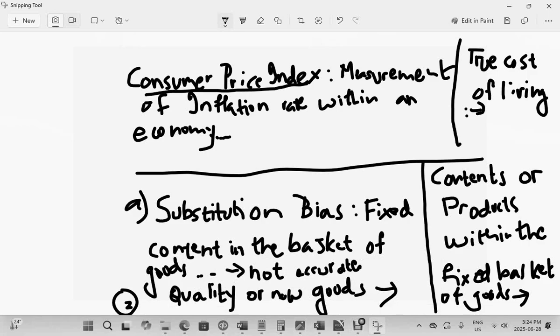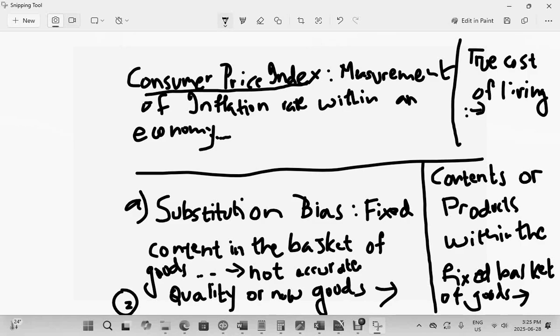As new products come out in the market, the content in the basket of goods changes. You might have had a VCR back in the past, but now all of a sudden people use DVDs. You might have had a horse wagon back in the past, but now people use a vehicle to go from point A to point B. You might have had prescription glasses back in the past, but nowadays a lot of people use contact lenses, and so on and so forth.